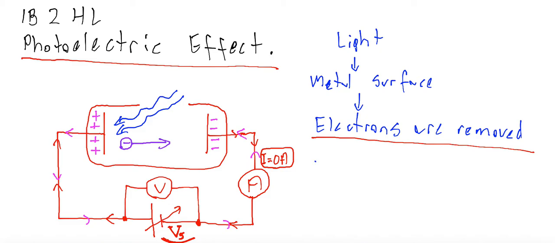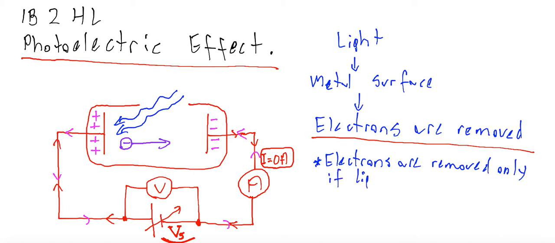First, that electrons are removed only if the light which is used to illuminate has a frequency higher than one specific frequency depending on the metal surface. So we can write that electrons are removed only if light has frequency bigger than something Einstein called threshold frequency, fT.